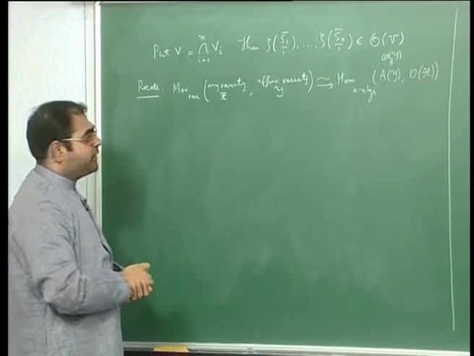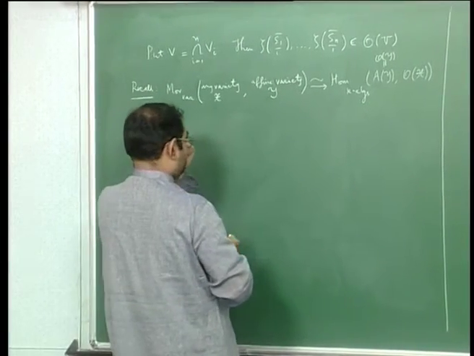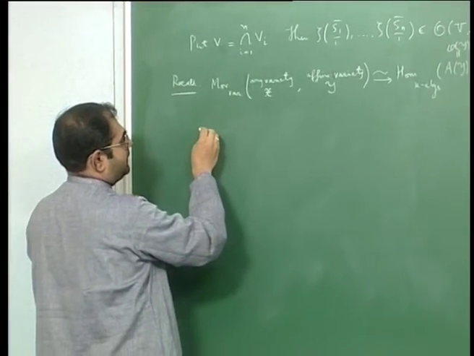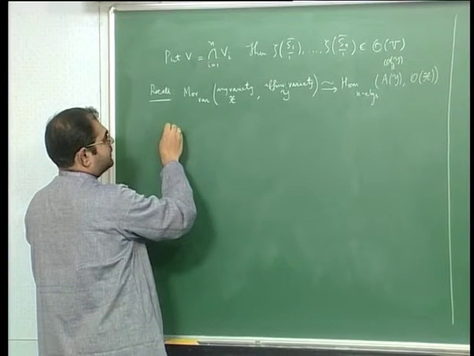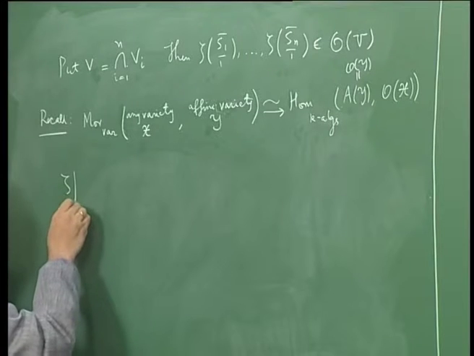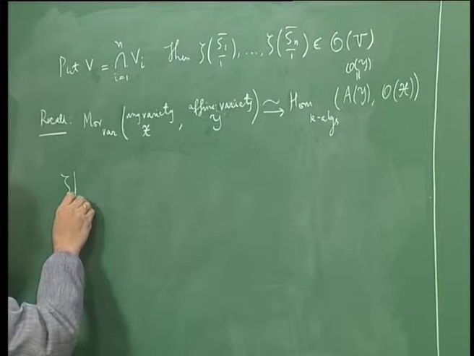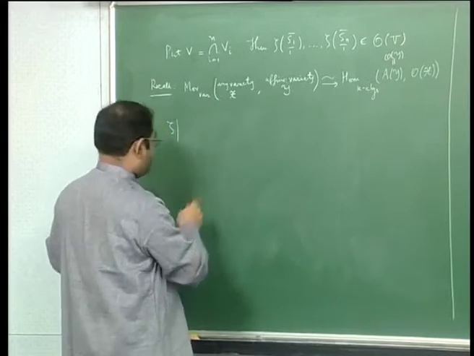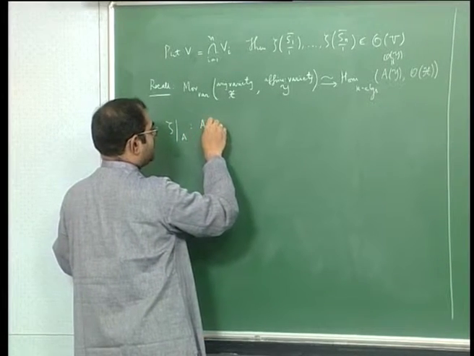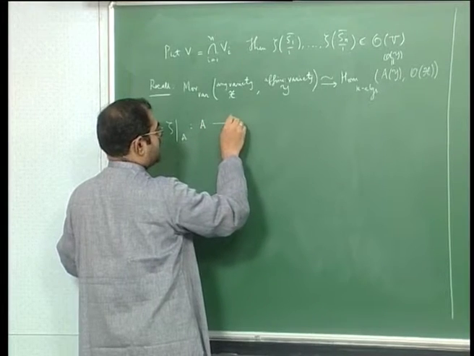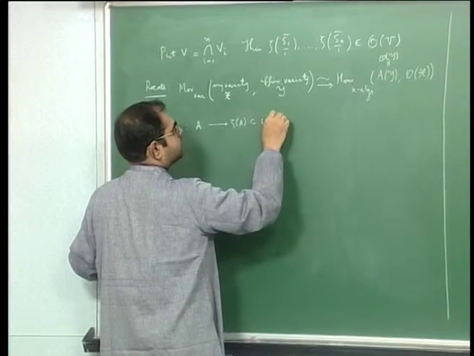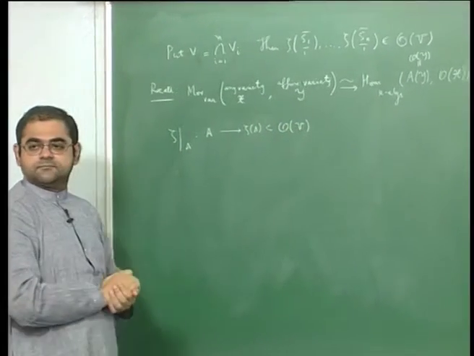So what you do is, see, zeta restricted to A will actually go from A into zeta of A, which is a subset of OV, okay.